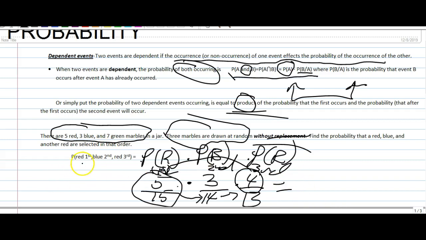So the probability of getting a red marble followed by a blue one followed by another red one in that order would be 5/15 times 3/14 times 4/13, which is equal to 60 over 2,730, which is approximately equal to 0.022.